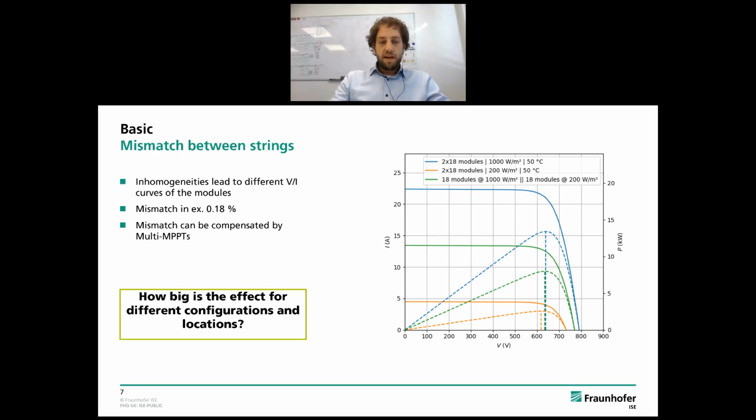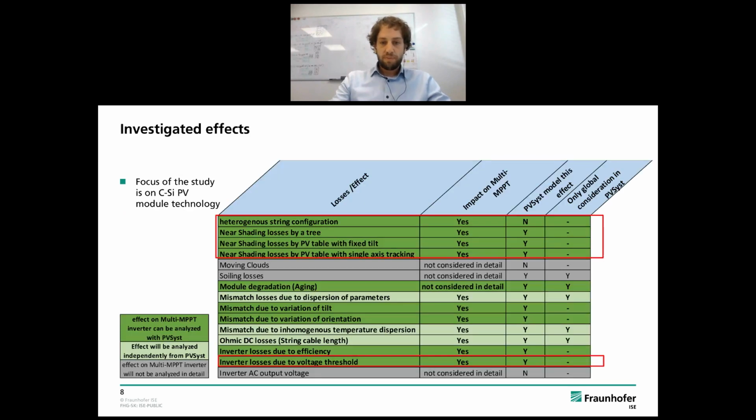In our example here, we have a mismatch loss of 0.18%. This mismatch loss can be compensated by multi-MPPT inverters. The big question is, how big is that effect for different configurations and locations? We tried to answer this question from the technical point of view.